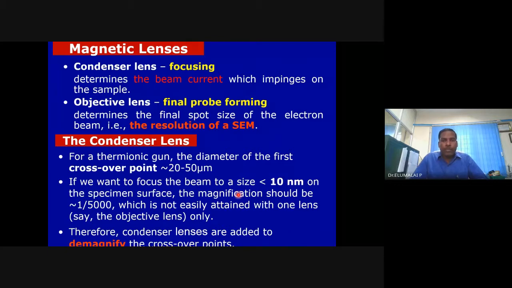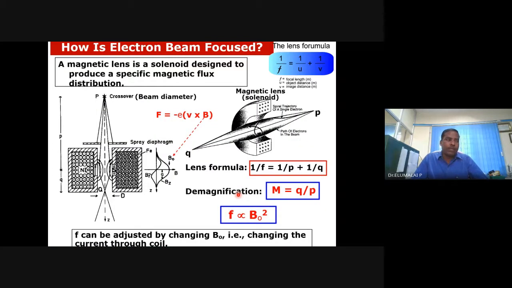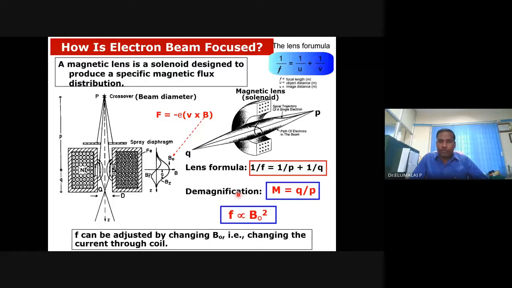Like an optical lens, here the magnetic lenses focus the electron beam into the required beam sizes, followed by the condenser lens. This works based on the same lens formula, where 1/F is equal to 1/P plus 1/Q, based on the distance between the object and your viewing eye.